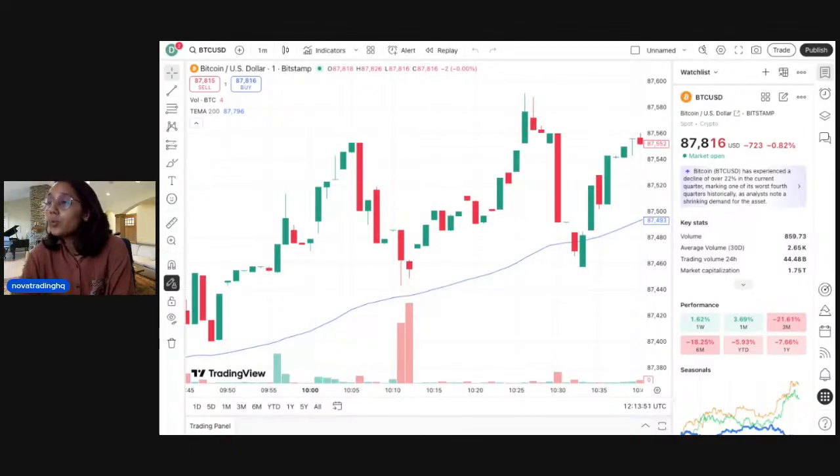Now, when you notice the next candles from 10:21 to 10:24, look at the structure. This looks like a stair step, a kind of controlled bullish pressure, which you can see here.